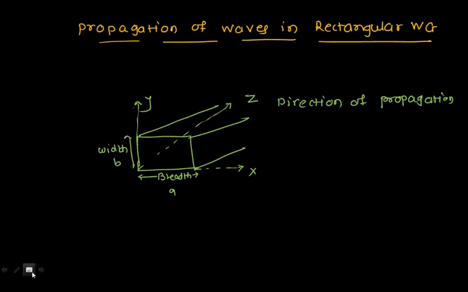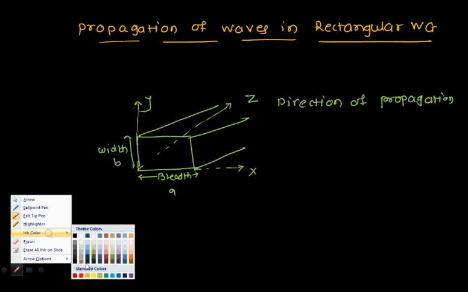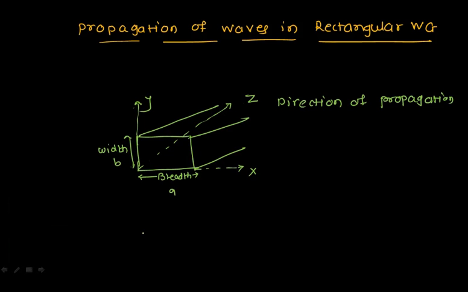Now let us recall what we have seen in the previous session, that is the wave equation. We have already dealt with the wave equation, whereas we have seen our wave equation for TE and TM. If I'm talking about the TE wave, here I'm going to take an example of the TE wave, where my Ez component will be 0. So only the Hz component exists.